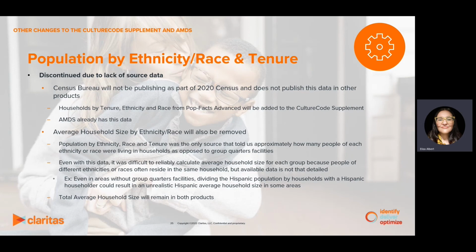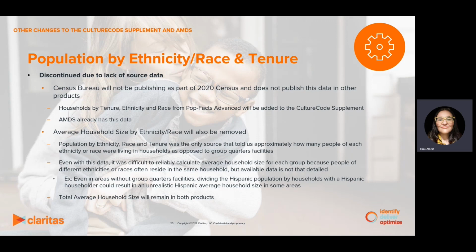On a related note, average household size by ethnicity and race will also be removed. This is because population by ethnicity, race, and tenure was the only source that told us approximately how many people of each ethnicity or race were living in households as opposed to group quarters facilities.